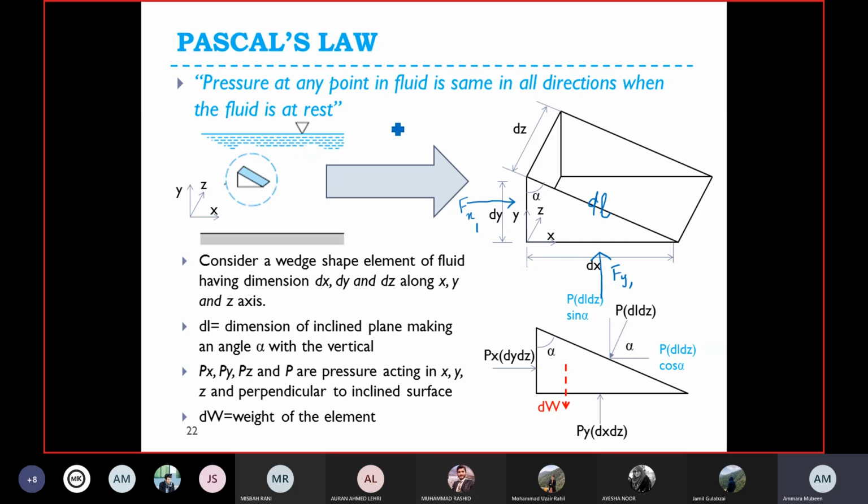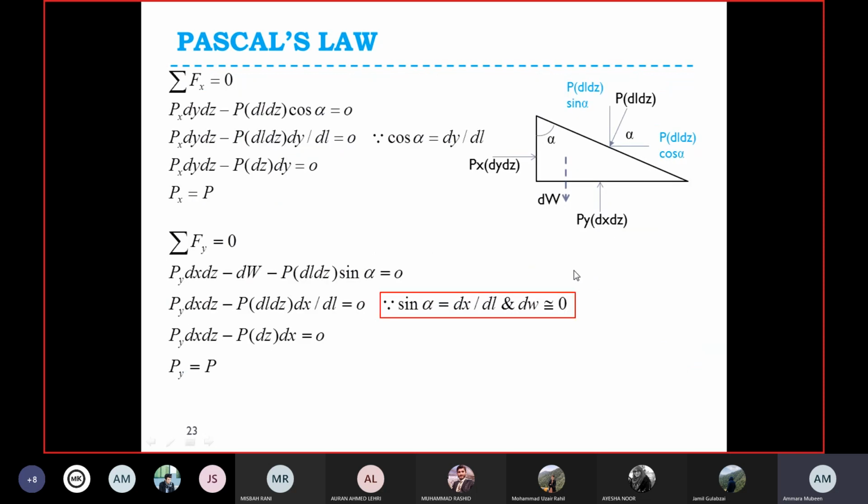Since this wedge-shaped element is in stationary condition, we are able to use the laws of equilibrium to prove that. And how would we use the laws? Since this wedge-shaped element is stationary, we can say that the summation of Fx would be equal to 0. And the summation of Fx involves many parameters.